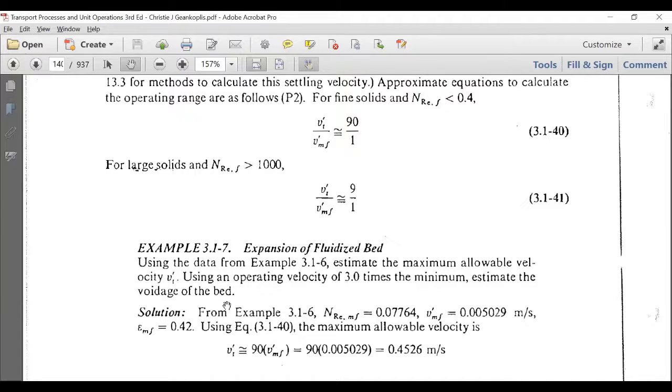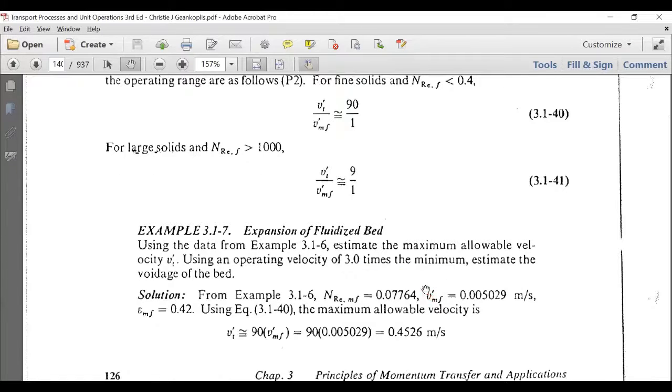Yang kedua, kalau kita ternyata beroperasi hanya 3 kali lipat dari minimum, kita disuruh menentukan berapa sih epsilon dari bed itu jika menggunakan velocity operating, which is 3 times the minimum.